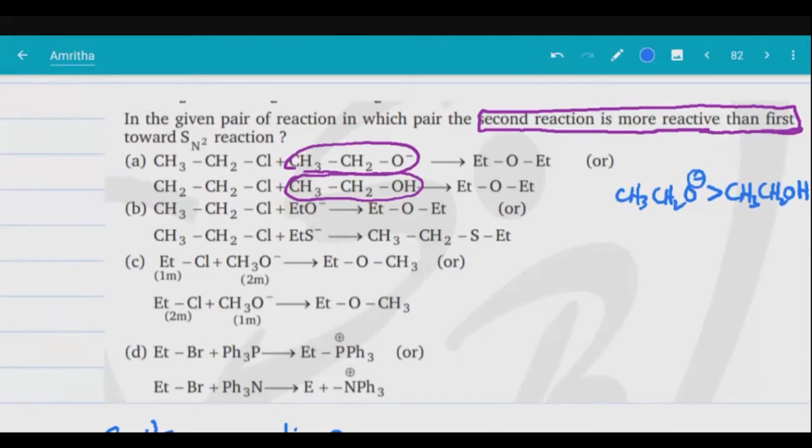And look at option B and tell me. What we have to compare is EtO minus and EtS minus. Which is more reactive, O minus or S minus?